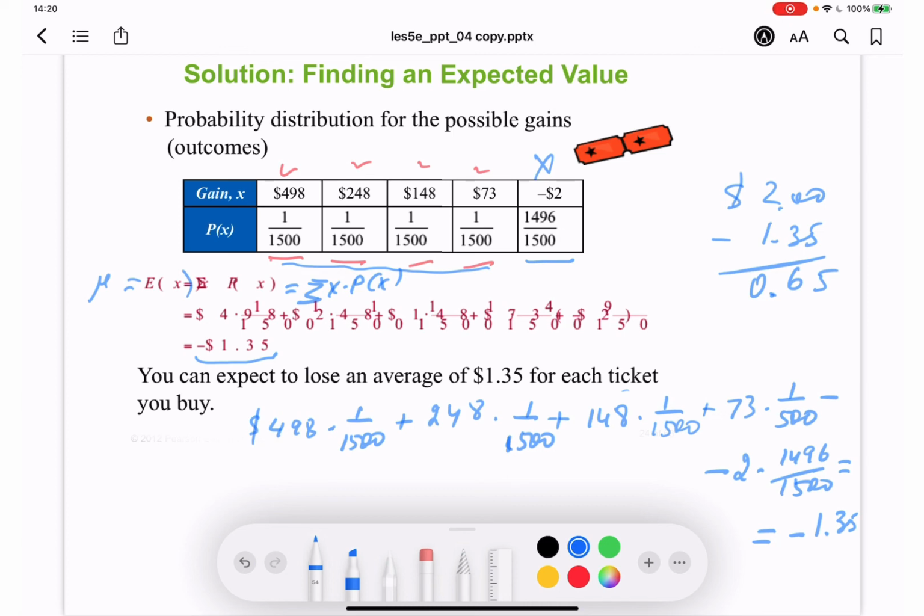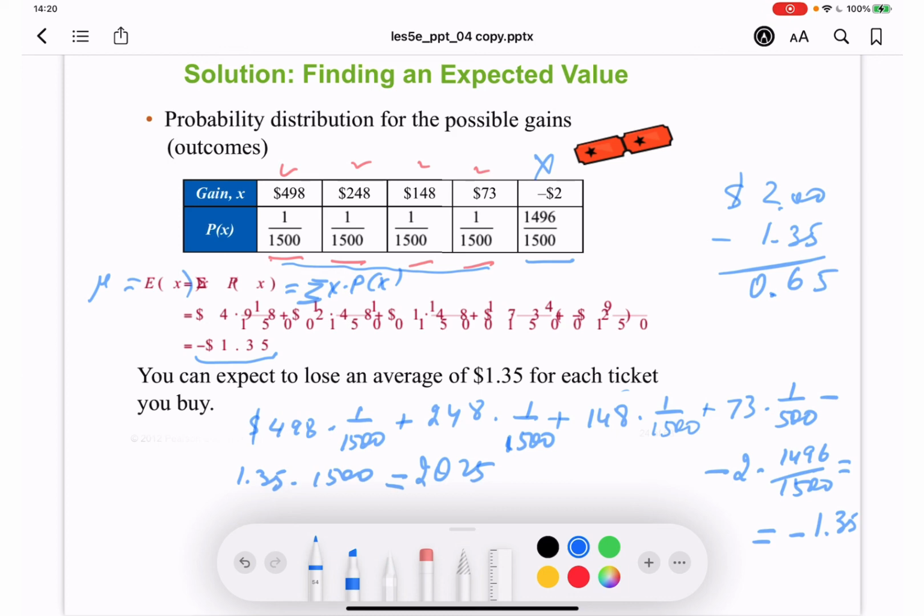So he doesn't even care who will win the prize, because per person he gets $35, and we have 1,500 people. Now you tell me who is the true winner. The one who will win 498, or the one who gets $35 times 1,500? He walks away with $2,025. This is the true winner.